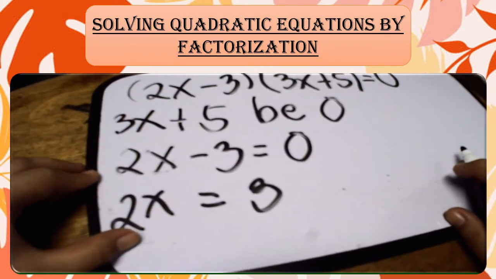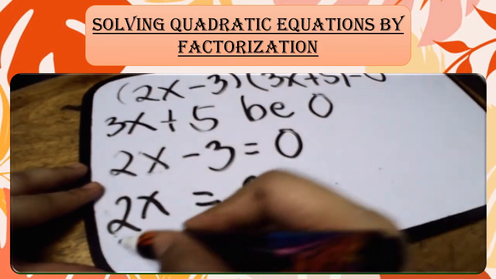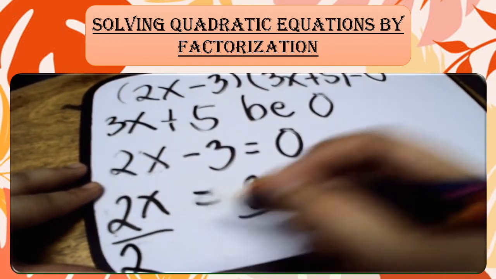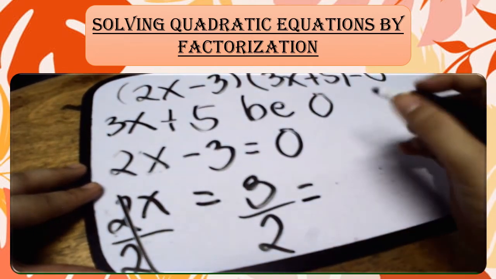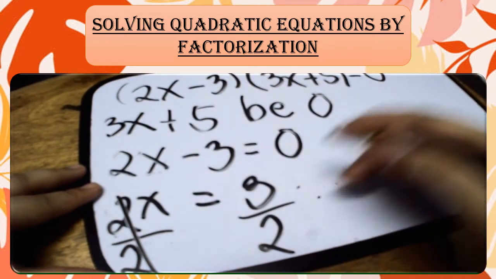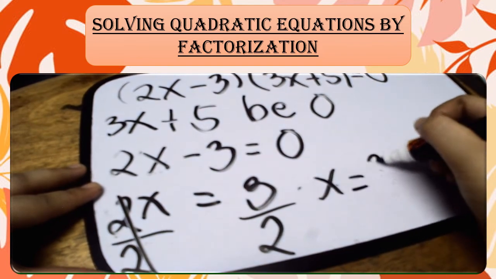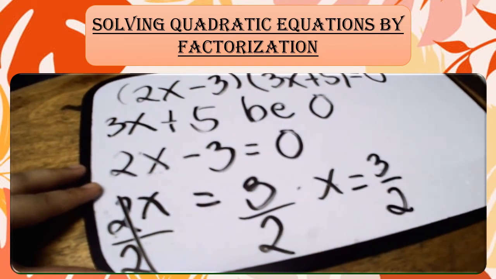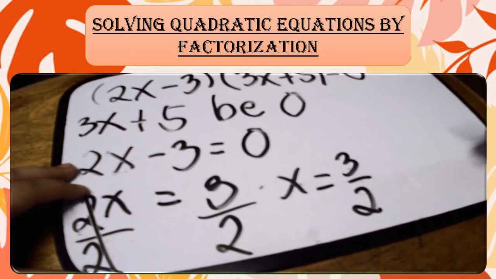Transpose. Next, as you can see again, there is a constant value before the x. So, divide both sides by 2. Cancel. So, x now is equal to 3 over 2. If the answer is an improper fraction, simplify your answer.